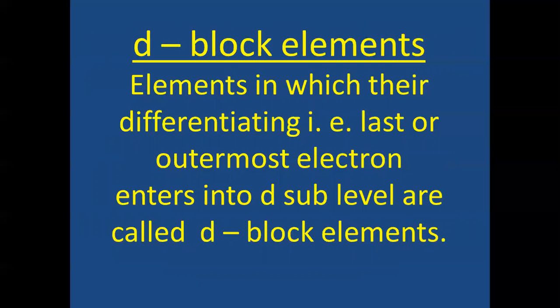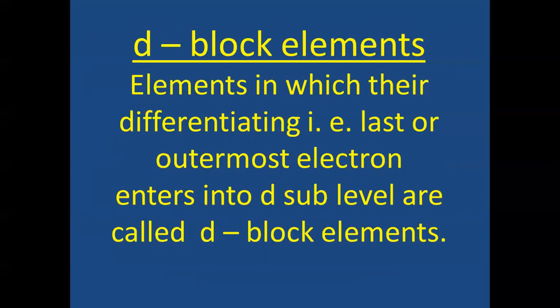If there is an element in which last or differentiating or outermost electron enters into P sublevel, then it is called P block element. Similarly, D and F block element.